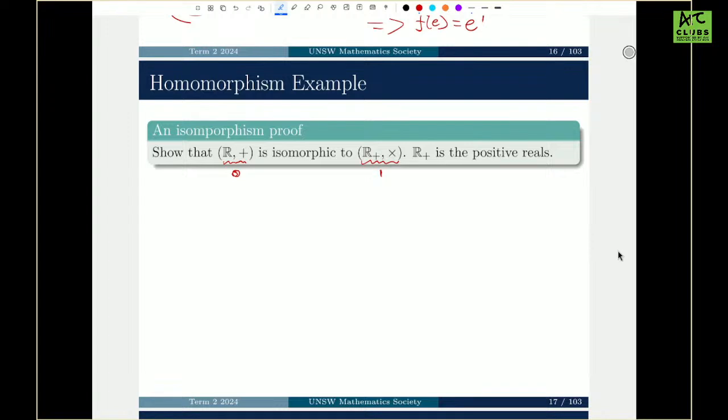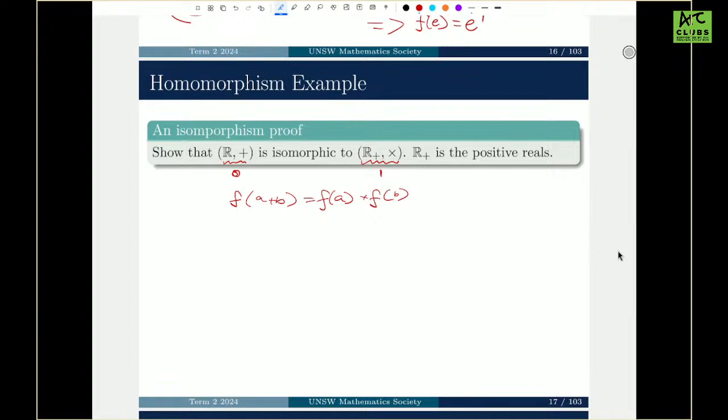So okay, basically we're looking for a function that by the nature of the meaning of homomorphism satisfies the following thing for all real numbers: f of a plus b equals f of a times f of b. So we need a function that satisfies this property.